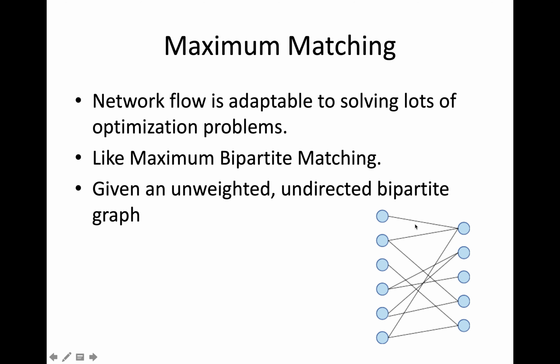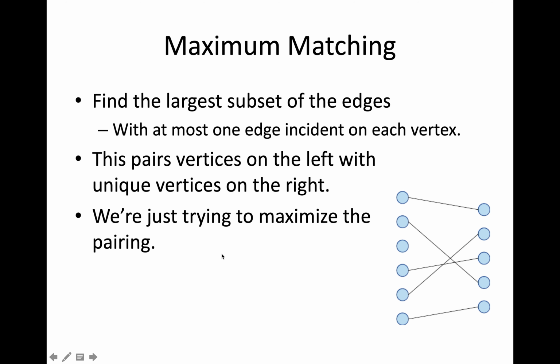So in my original graph, I may have a lot of edges coming out of certain vertices, but for the matching, I just want each vertex on the left, or at least as many as I can, to be paired up with vertices on the right, and as many vertices on the right as I can to be paired up with vertices on the left.